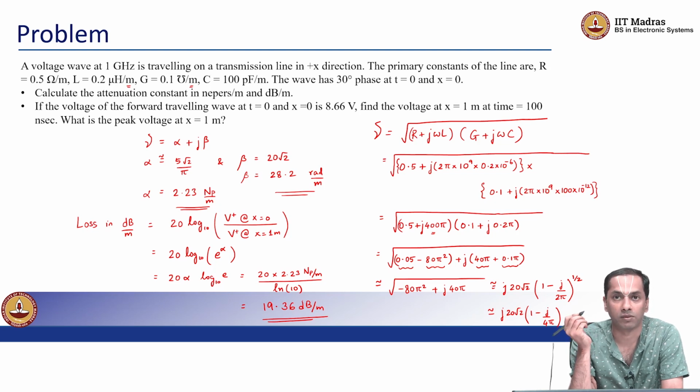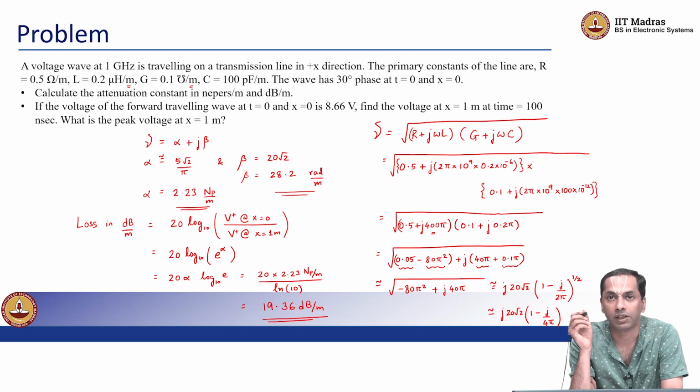If you were asked where exactly this loss is coming from, is it perhaps from R or G, could you take a guess at this time? So I have given you a couple of seconds.